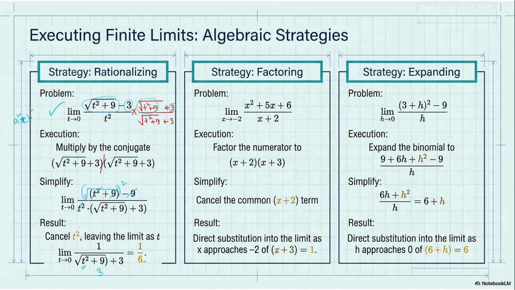And here another one, that is factorizing. We are given x squared plus 5x plus 6, so we have to factorize this. If we factorize this, we have x plus 2 times x plus 3.